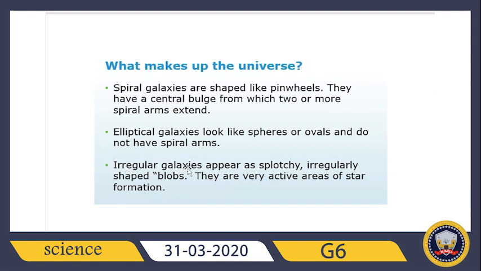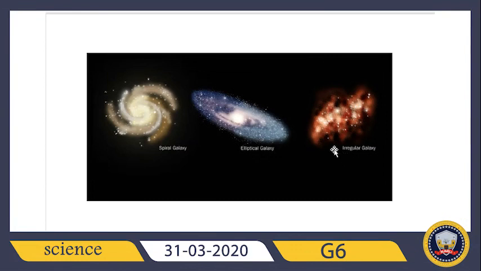Irregular galaxies appear as blotchy, irregularly shaped blobs, and they are very active areas of star formation. Here we can see the shape of the irregular galaxy, and we can even compare their colors. You can see that irregular galaxies have a red color, blue or purple color for the elliptical galaxy, and white mixed with gold for the spiral galaxy.